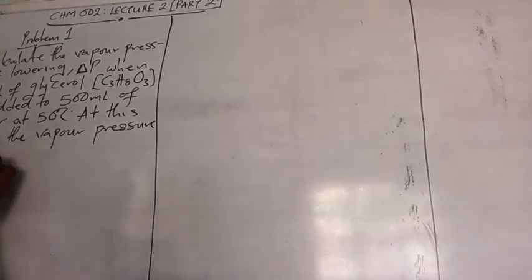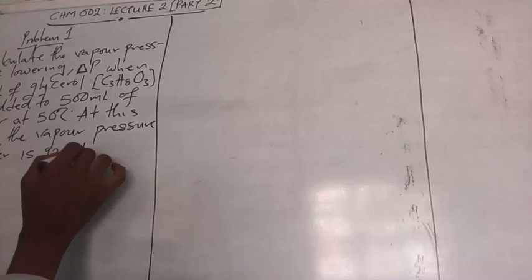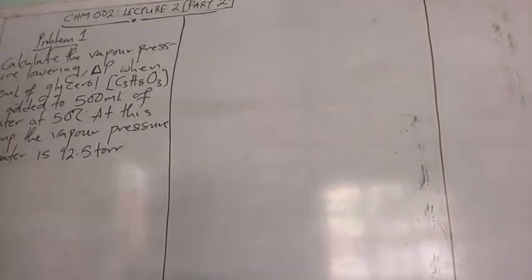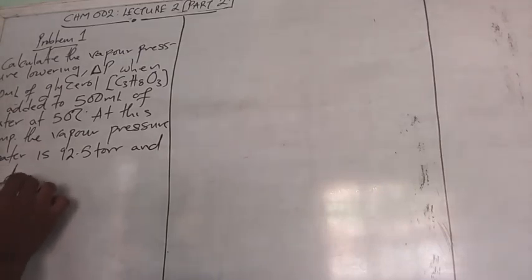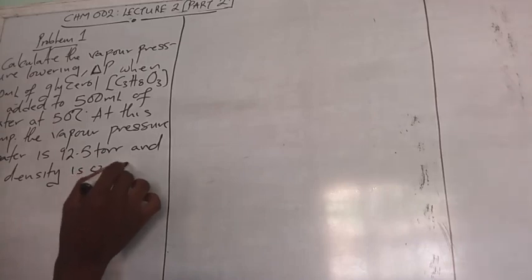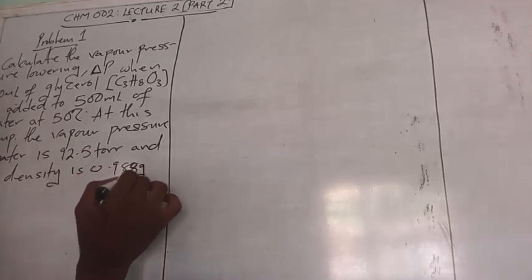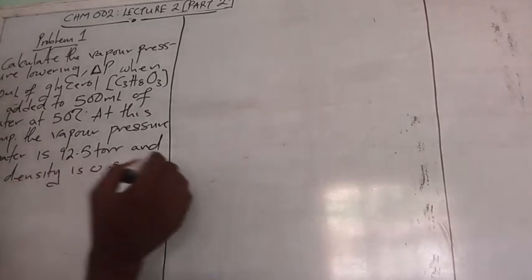The vapor pressure of water is 92.5 torr, and its density is 0.988 gram per ml.